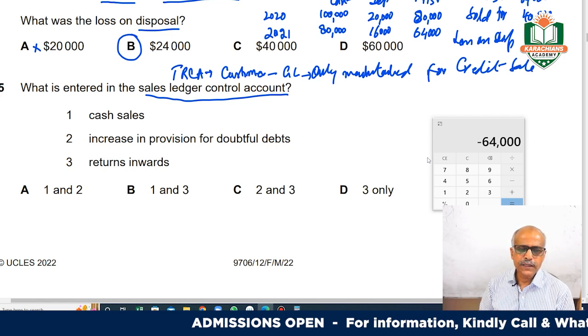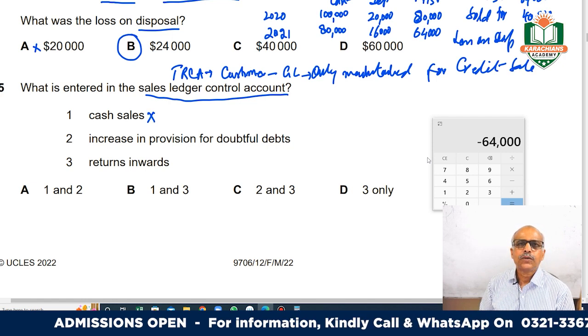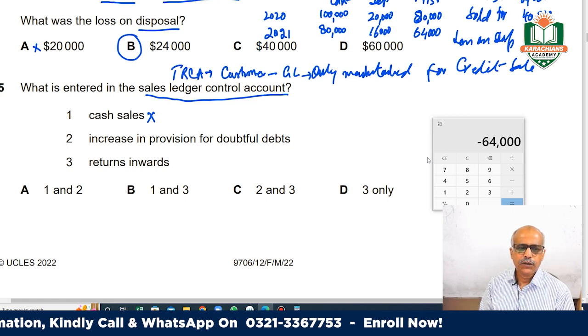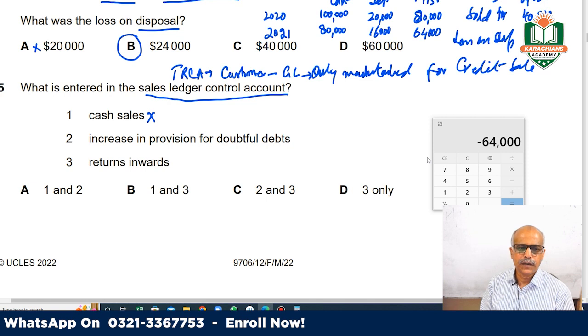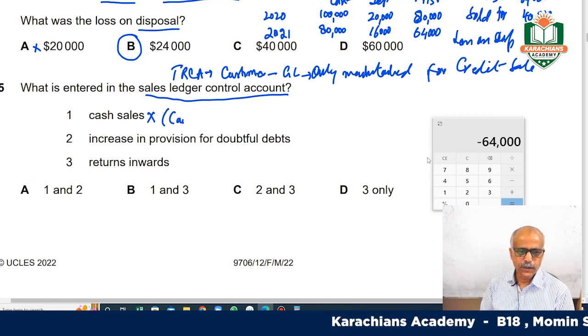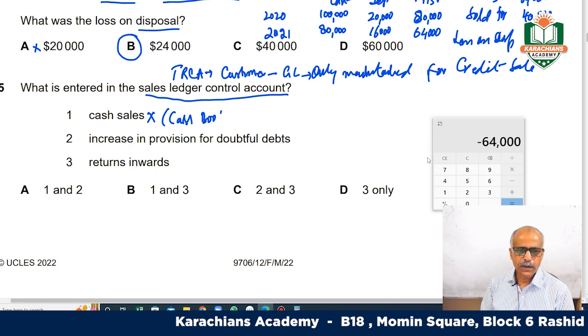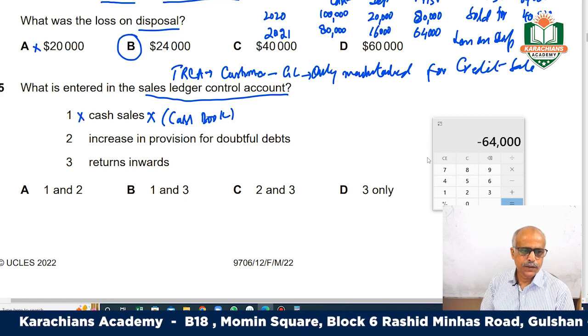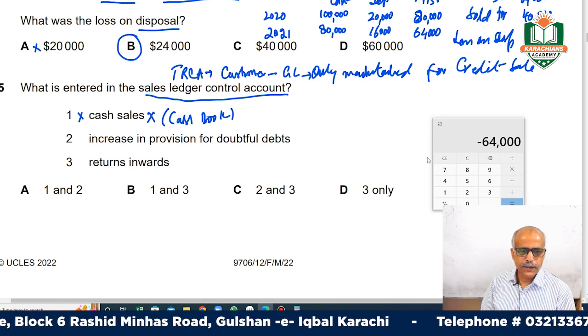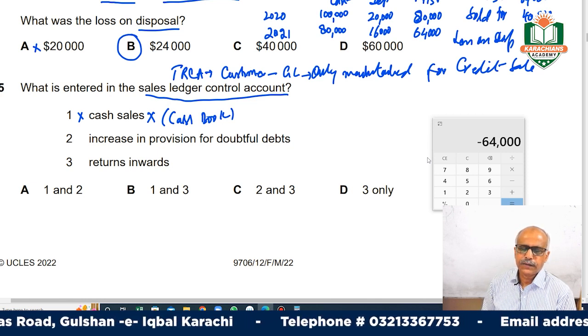So cash sales has nothing to do with the trade receivable control account, because here we record the credit sales. Cash sales are booked in the cash book, so this option is not applicable. Move on. Increase in provision of the doubtful debts.